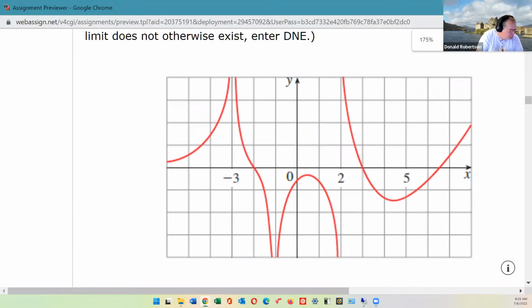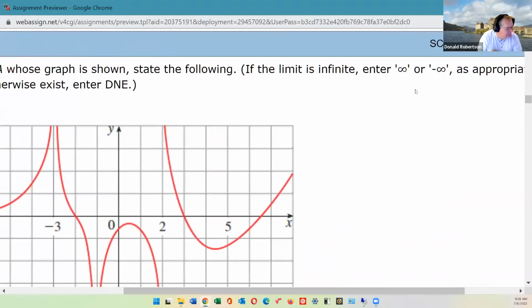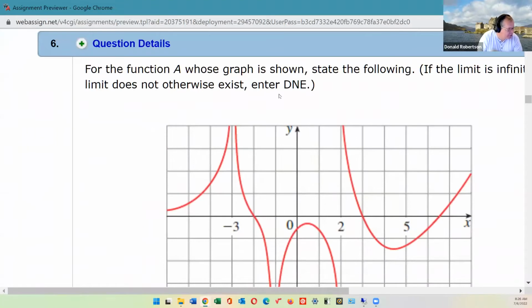Normally you would probably say things like it doesn't exist or it's undefined. And we're going to change that world. You are allowed to have an answer of plus infinity, you're allowed to have an answer of negative infinity, and you're also allowed to have an answer of does not exist. So let's see how that works.